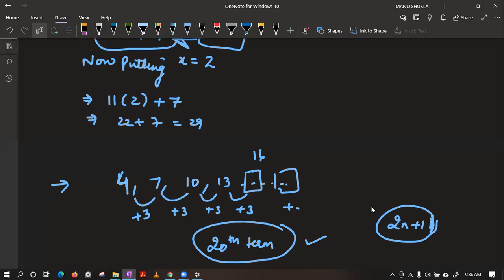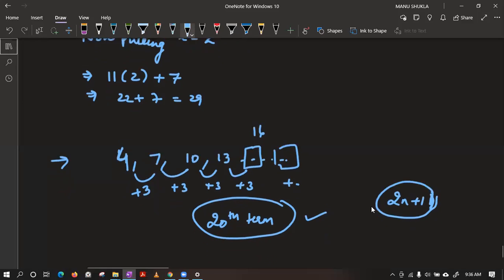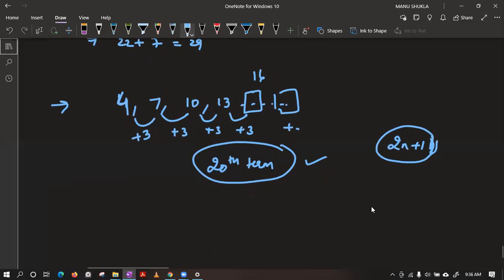Class, try to understand. We will observe one by one. Can I write this 4 as 3 into 1 plus 1? Is it correct?